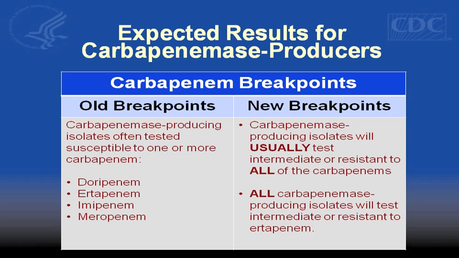You might have one that it doesn't test resistant to, but really carbapenemase-producing isolates, nearly all of them will test, actually it should be non-susceptible to one of these, and for sure ertapenem. Ertapenem will be your most sensitive indicator of a carbapenemase-producing isolate.